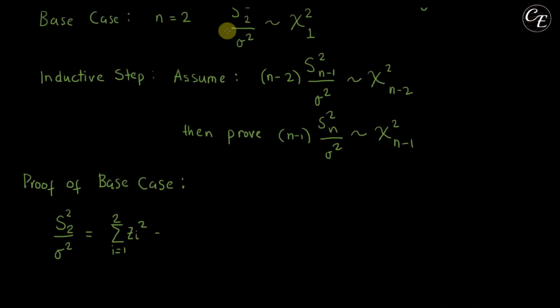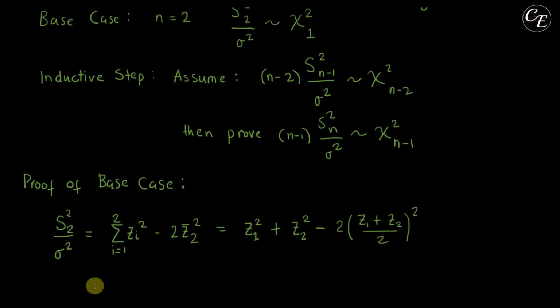So we have here 2 times z bar with subscript 2 squared. Then it is equal to, for i equals 1, we have z sub 1 squared, and then when i equals 2, we have plus z sub 2 squared, then minus 2 times the average of the first two samples, which is z sub 1 plus z sub 2 over 2, then we have squared.